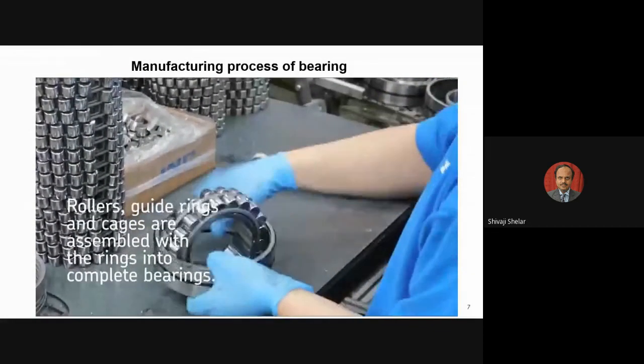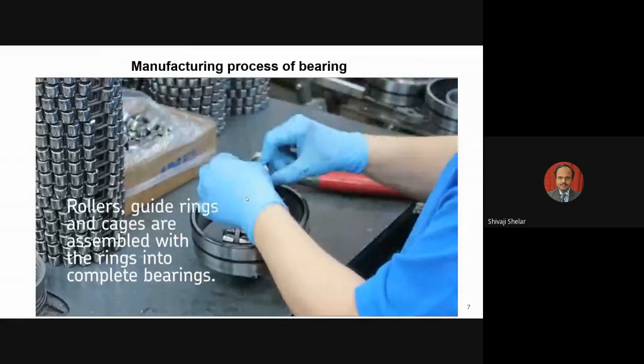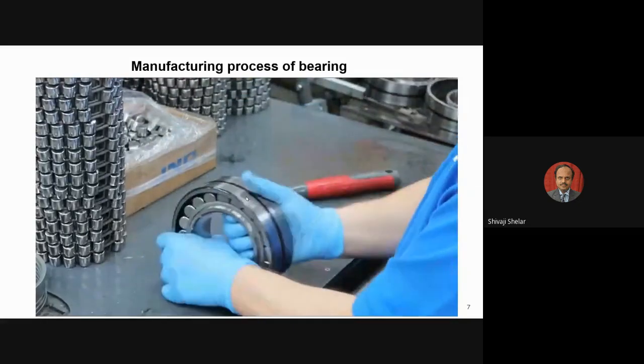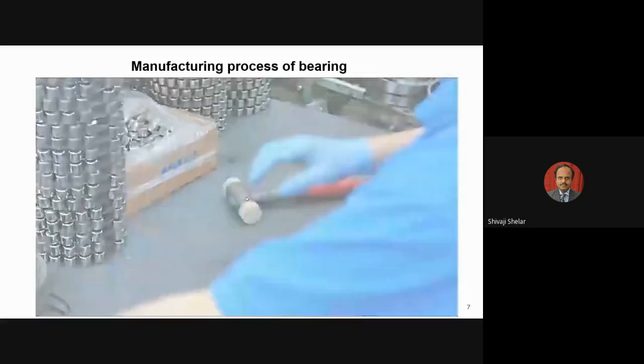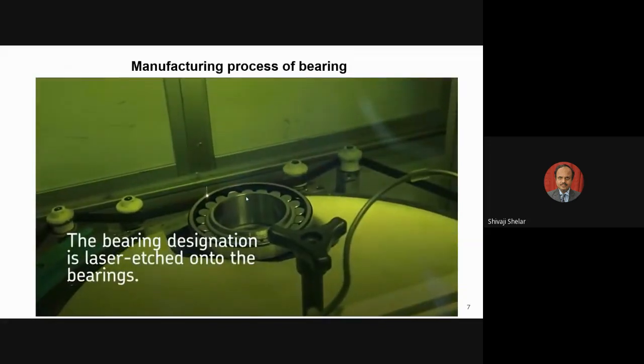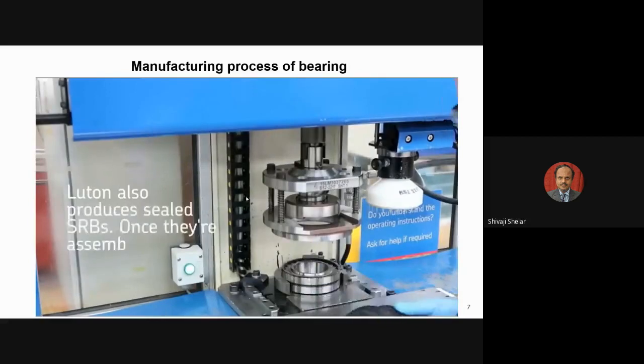This is a double row spherical roller bearing. They are writing the manufacturing code there, as well as their standard specification, using code.